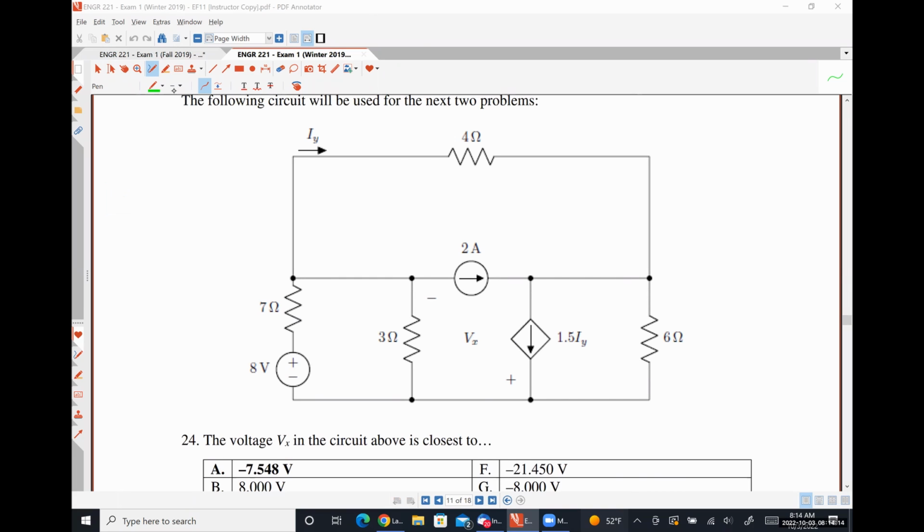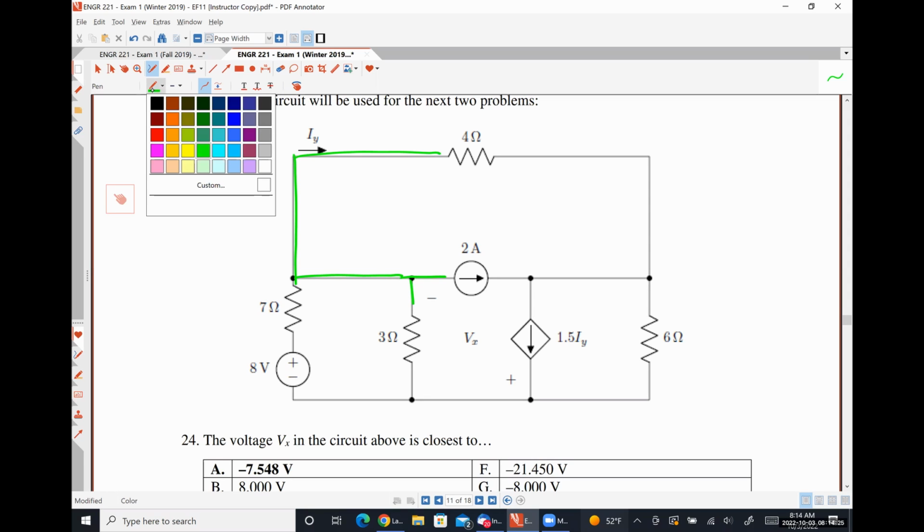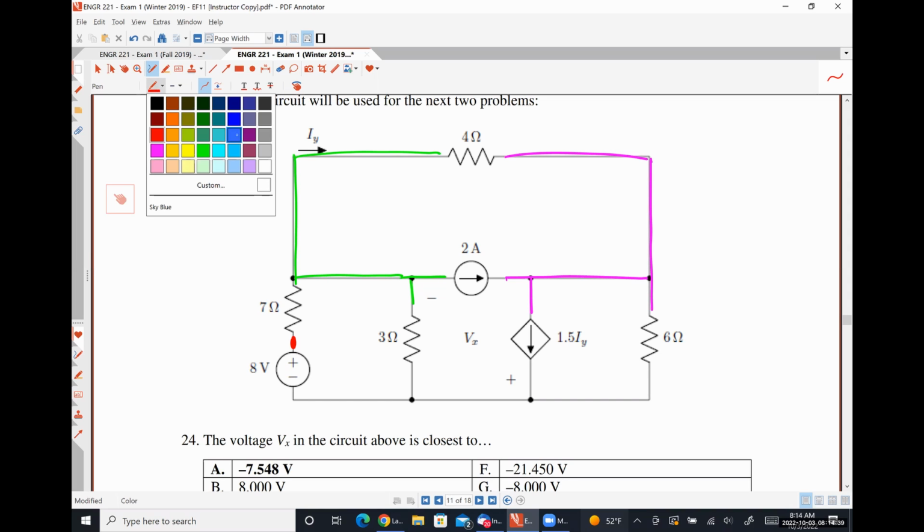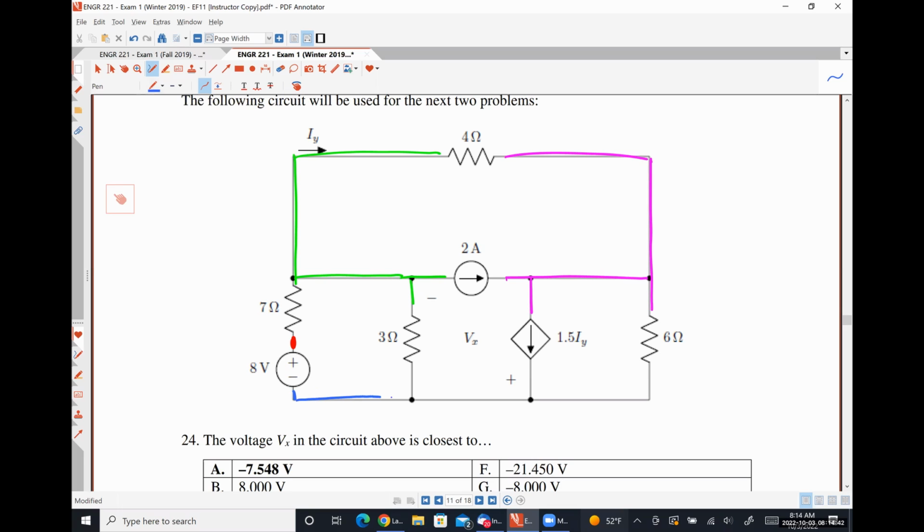So to do that, I am going to identify some nodes. So that's one. That's two. 3. 4. And I'm going to call this one on the bottom my ground.